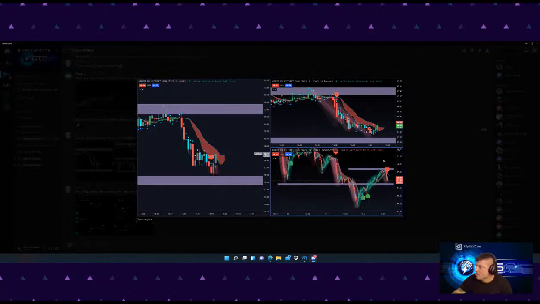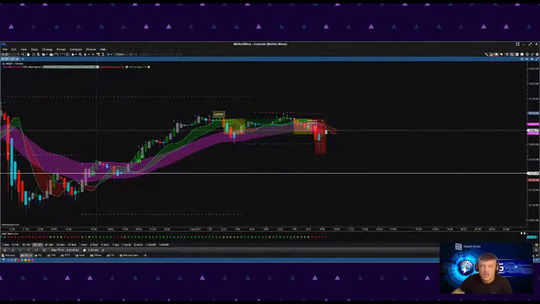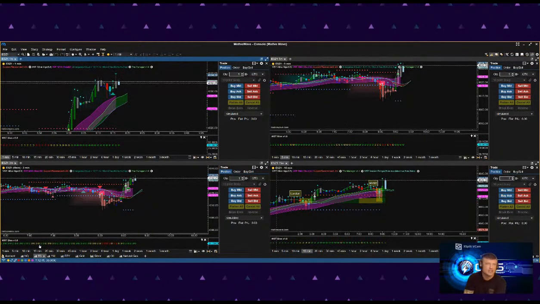So oil, he was putting up the support and resistance zones. He'll tell you what your chart needs to look like before the session begins, shall I say. And it's really just a benefit to be a part of it. Even if you're not using any of the software, you're still going to get a lot from it.